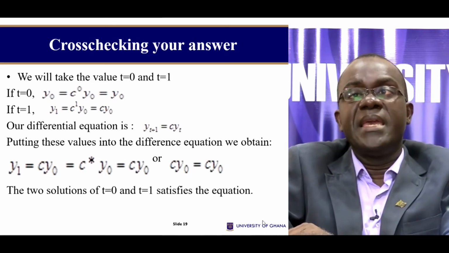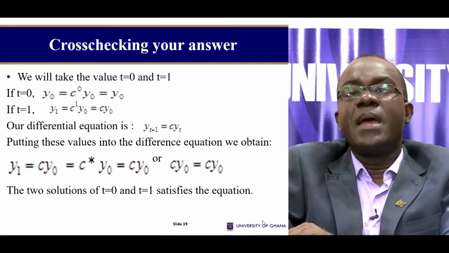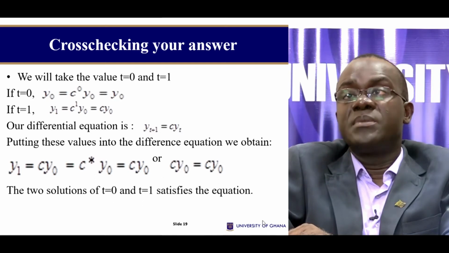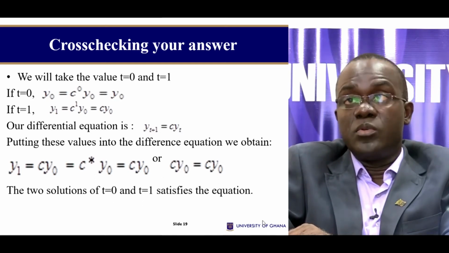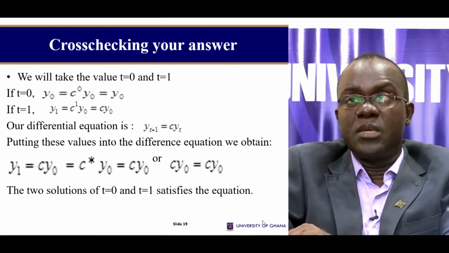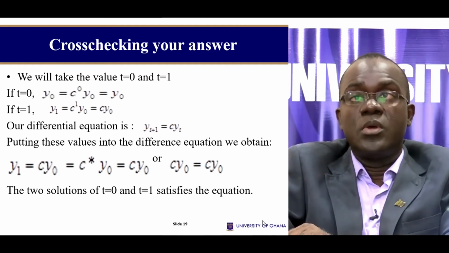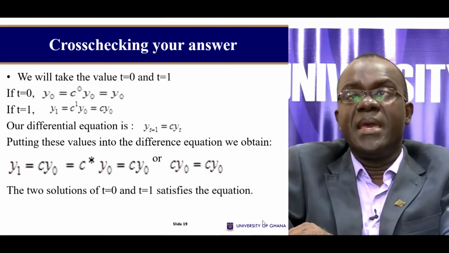So when I take this y1, we took successive values. If this is equal to t1 and this is equal to t0, then my y1 here is equal to c·y0, which comes from this side, and this c is the c in the equation, and then we add our y0 here.